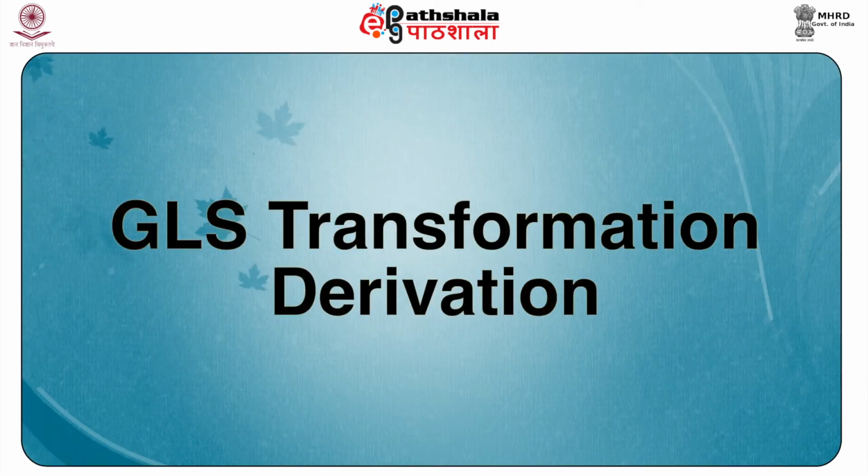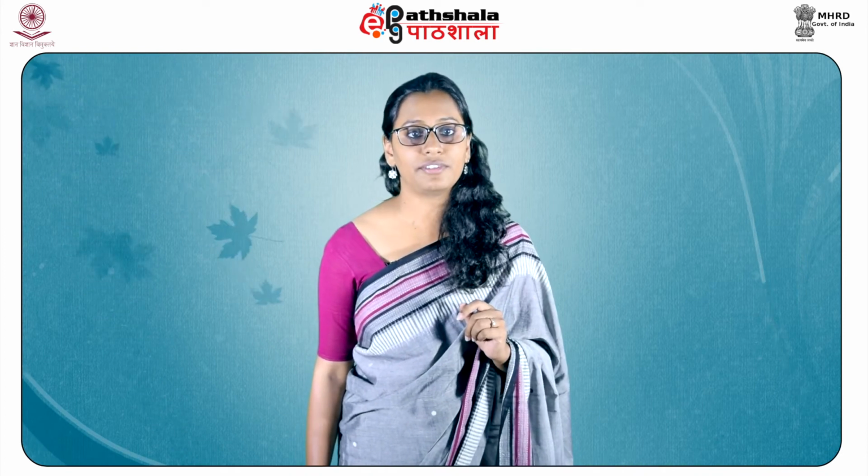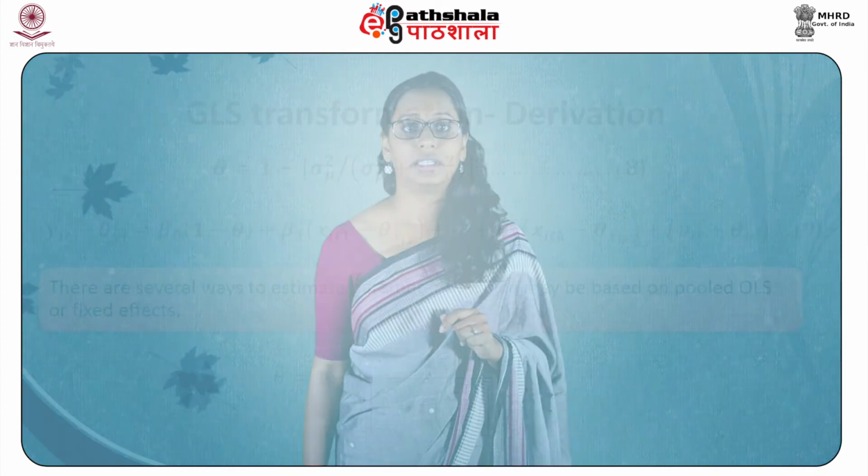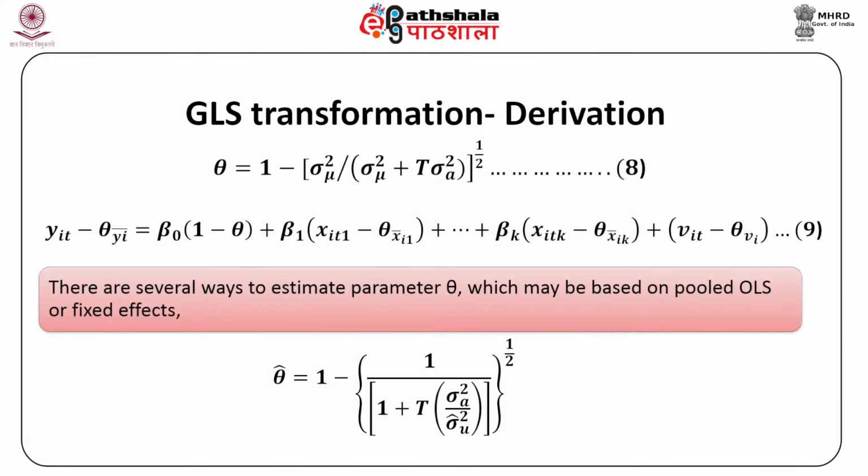GLS transformation derivation. Deriving the GLS transformation that eliminates serial correlation in the errors requires sophisticated matrix algebra, but the transformation itself is simple. Define theta equal to 1 minus the square root of sigma square u divided by sigma square u plus T times sigma square a, which is between 0 and 1.